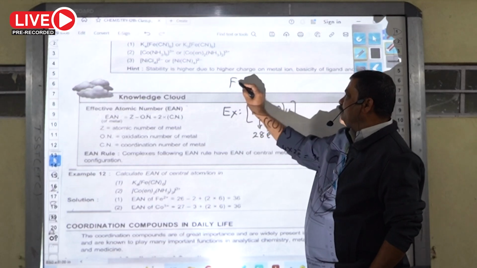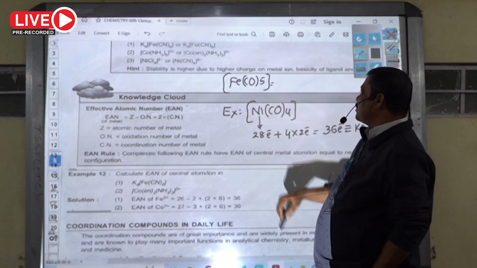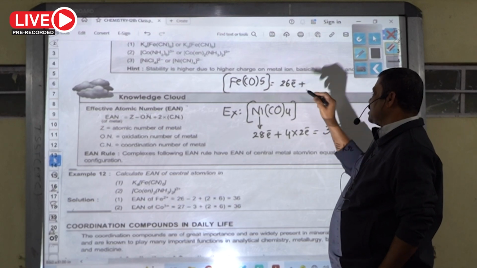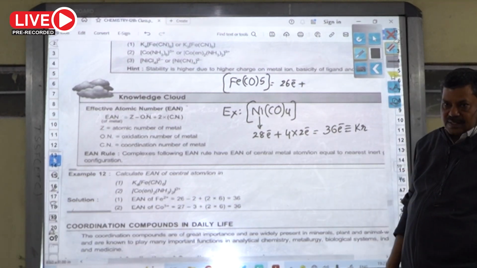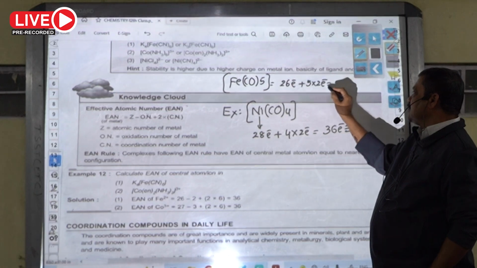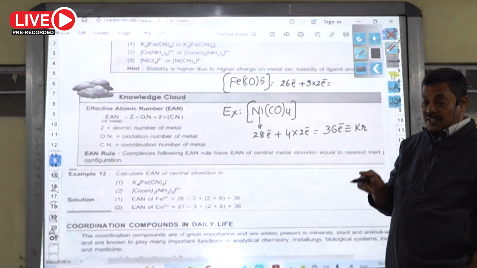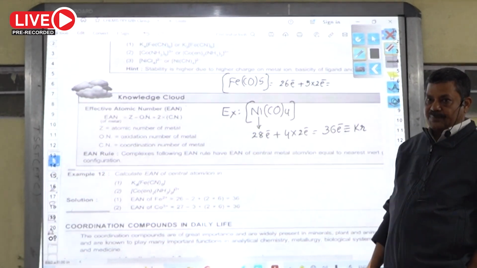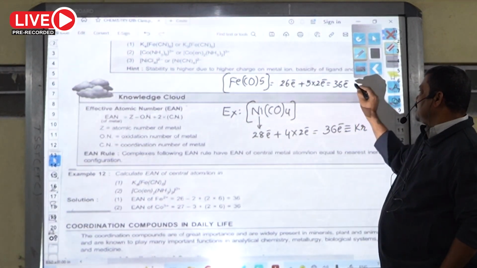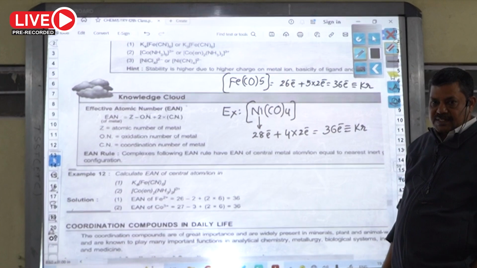Or I take Fe(CO)5. So how many electrons does iron have? 26, atomic number is 26. 5 carbon monoxides, each donates 2 electrons, 5 into 2, 10 electrons. Each carbon monoxide donates 1 electron pair, means 2 electrons. So again 36 electrons, equal to krypton. It also obeys the EAN rule.